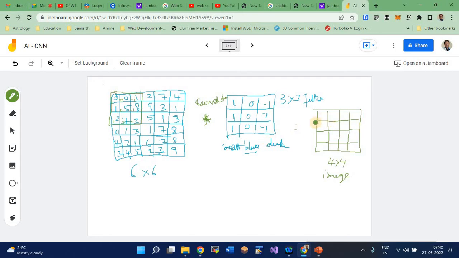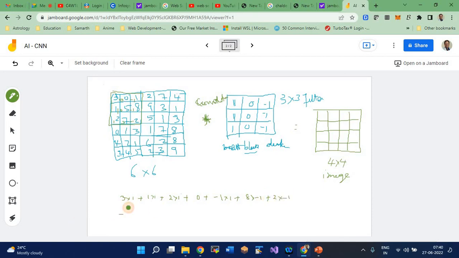So now how do I get this number? How this number gets filled up is 3 times 1, plus 1 times 1, plus 2 times 1, plus everything in the middle is all 0, plus minus 1 into 1, plus 8 into minus 1, plus 2 into minus 1.